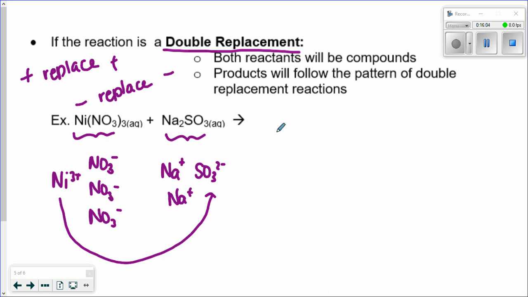We've got to think about what it's going to be. So we have nickel, and we know that it's nickel 3 plus and sulfite 2 minus. So now we need to figure out what our actual compound will be here. So we know that we'll need SO3 2 minus.